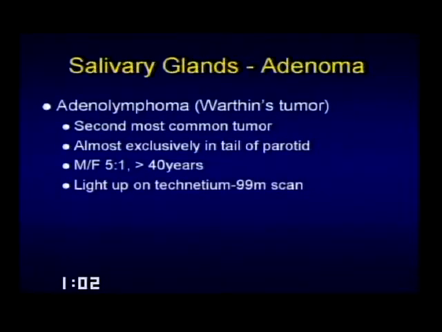What's interesting about the Warthin's tumor is that it does light up on a technetium-99 scan, so this will help you in your diagnosis. The cause is thought to be due to an embryologic abnormality: as the gland becomes encapsulated at birth, there seems to be an incorporation of lymphatic tissue underneath this capsule, which would give rise to the lymphoma aspect of the tumor, causing it to be an adenolymphoma.